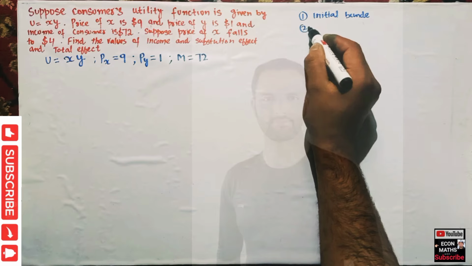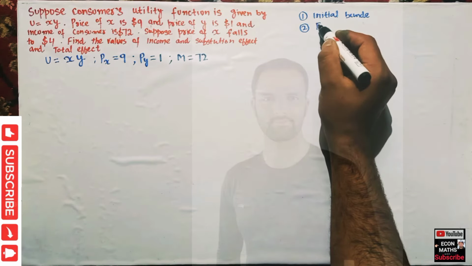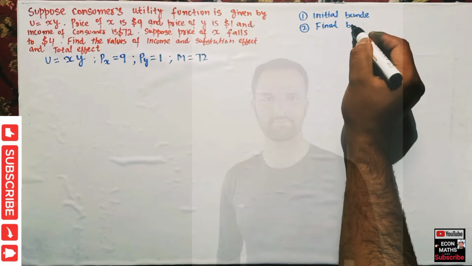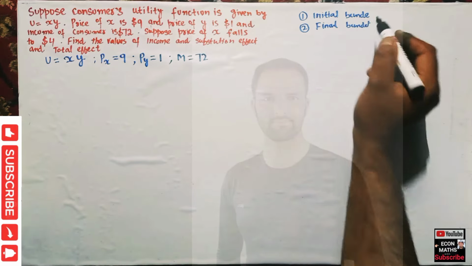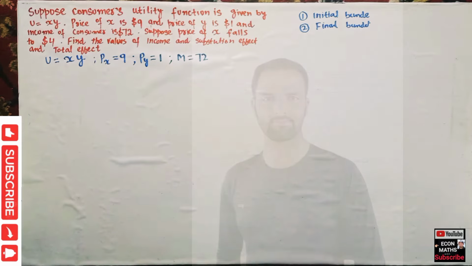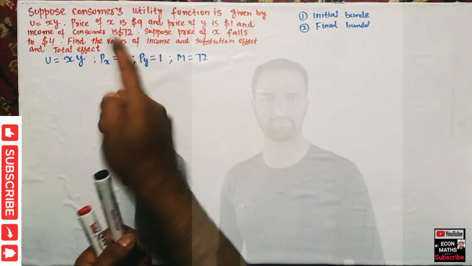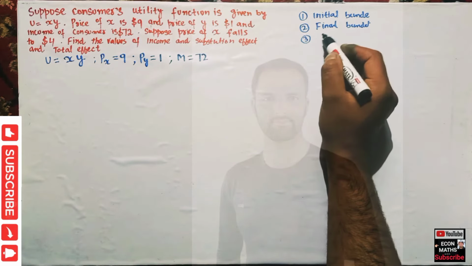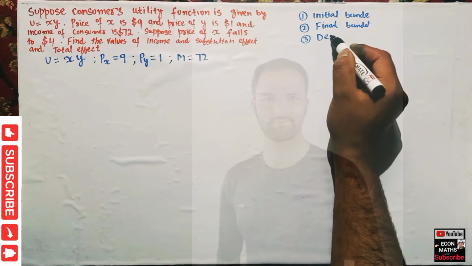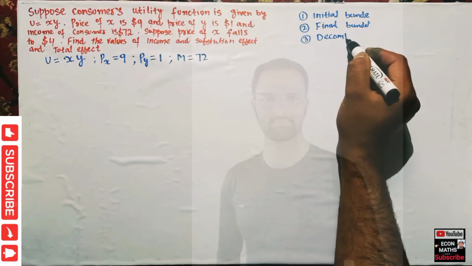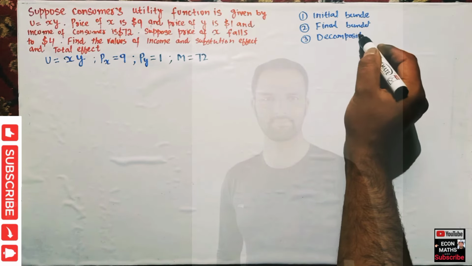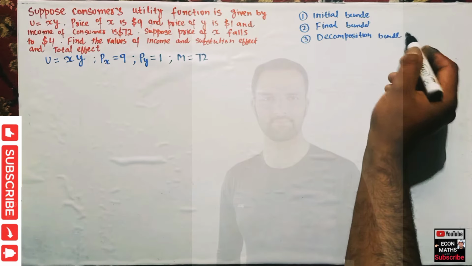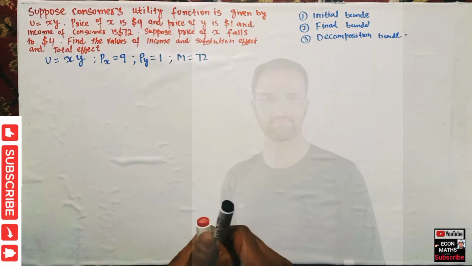Second, we have to find the final bundle, that is the optimal consumption bundle after the change in the price of good X. And lastly, we have to find the decomposition bundle. Bear with me, I will explain all the things.